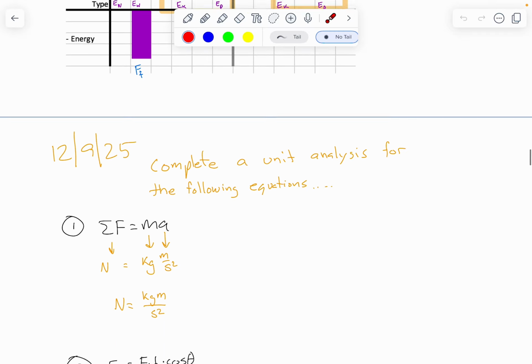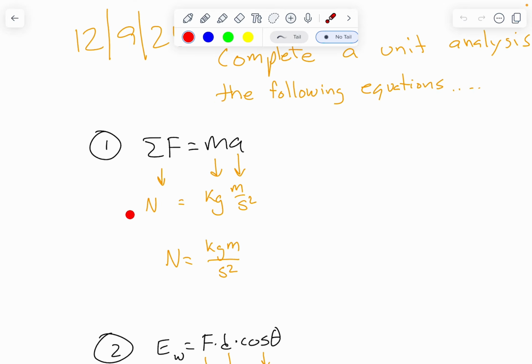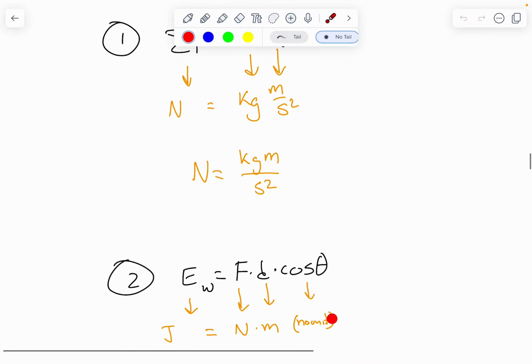Okay, let's take a look at some unit analyses. So going back to when we first learned about forces, we understand that a force is measured in newtons. Now, in fundamental units, of course, mass is measured in kilograms, acceleration is measured in meters per second squared. That gives us a newton being equivalent to a kilogram meter per second squared. That's going to be important here in just a moment. Let's look at our work equation.